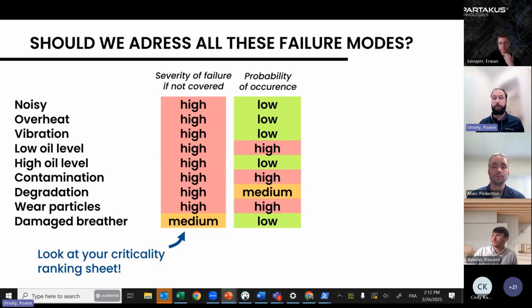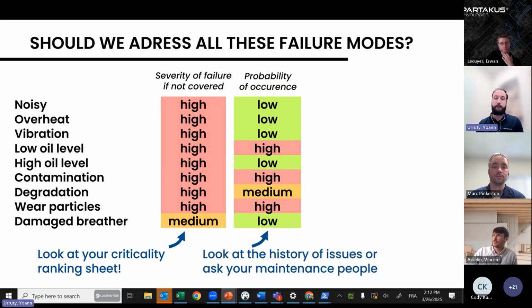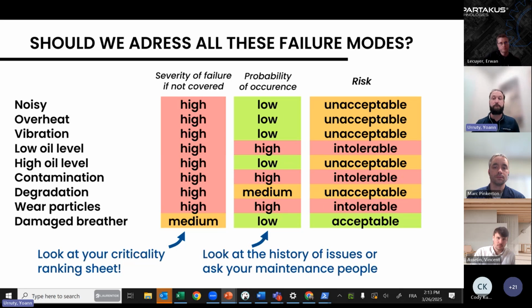And really what you're going to look for here is the history of issues, and you're going to ask your maintenance technicians, okay, what is the frequency that we're having low oil level or leaks, etc.? And in the end, what it's going to give you is an acceptable to intolerable risk. So maybe some of you have already done this exercise with a risk priority number matrix, a 3x3 matrix, a 10x10 matrix.